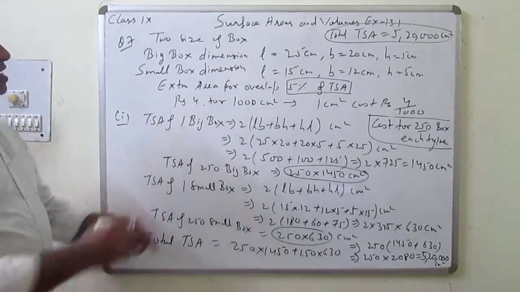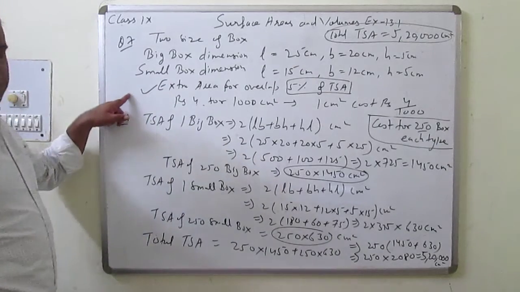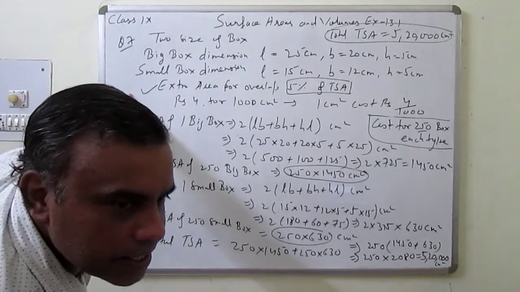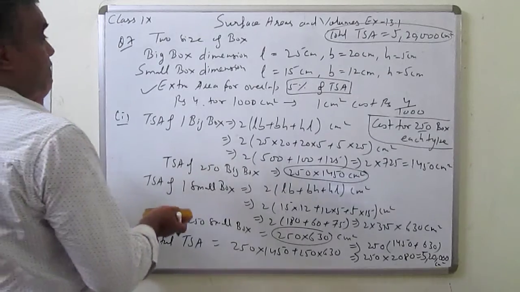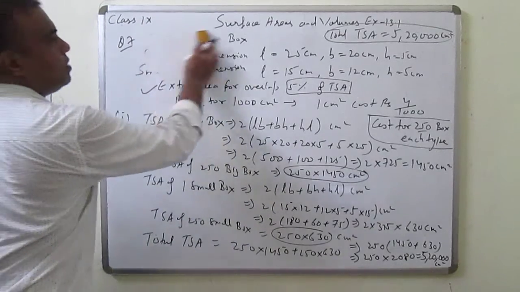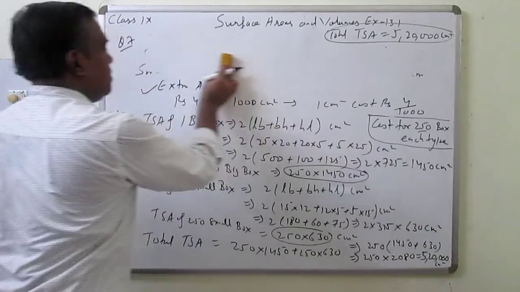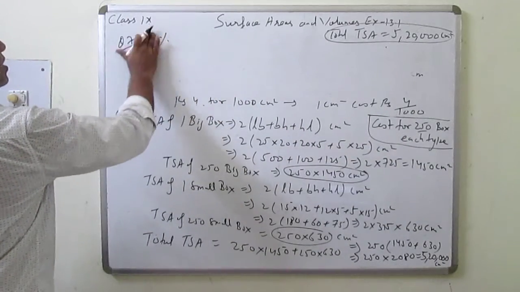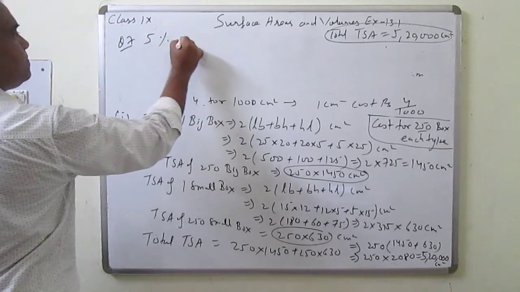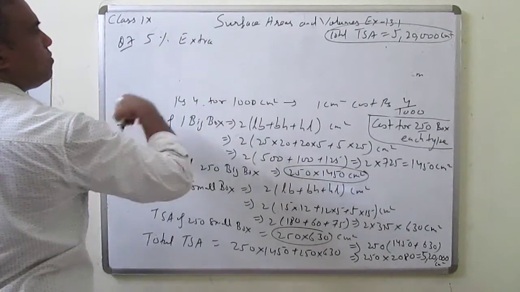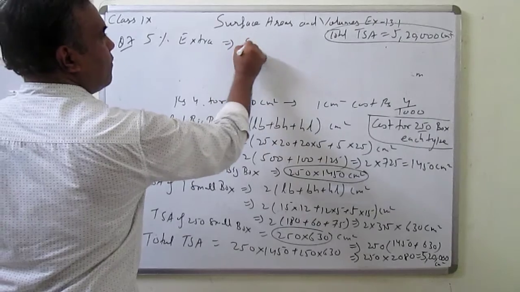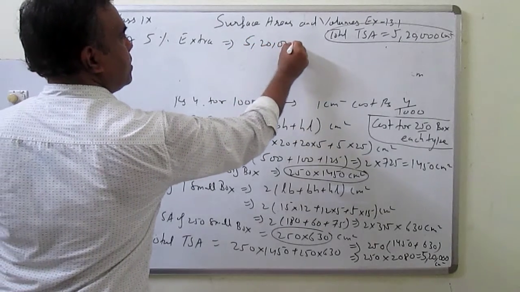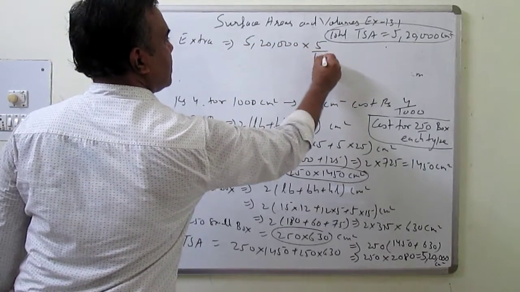Now how much extra? Extra is 5%. So I will calculate it here. 5,20,000 into 5% extra.